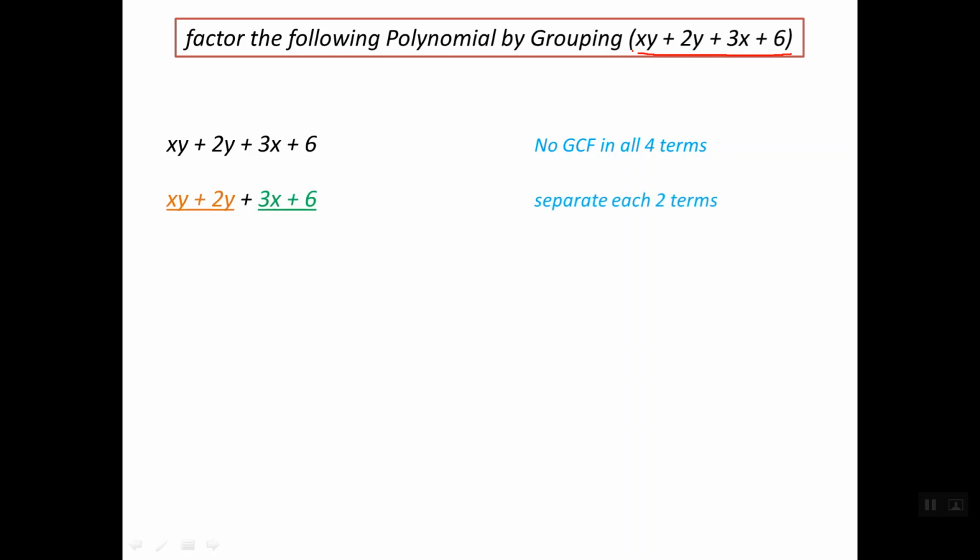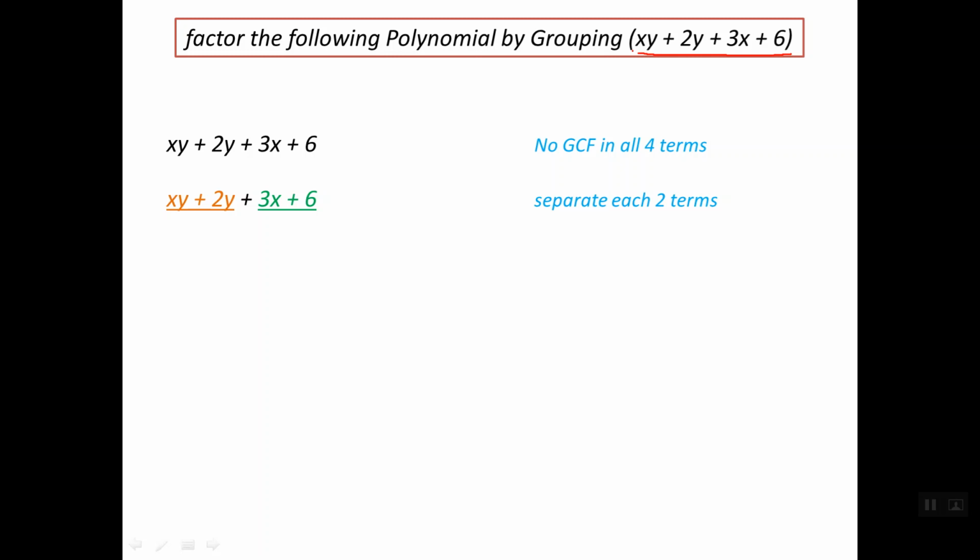But if you try to separate each 2 terms together, for example, if you try to separate the xy and the 2y and separate the 3x and the 6, in this case we have a common factor between each 2 terms. So this is the meaning of grouping. Grouping here means to separate each 2 terms together so that for each 2 terms we can have a new common factor.